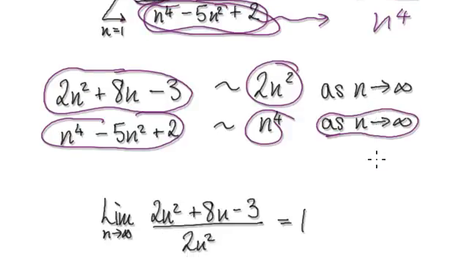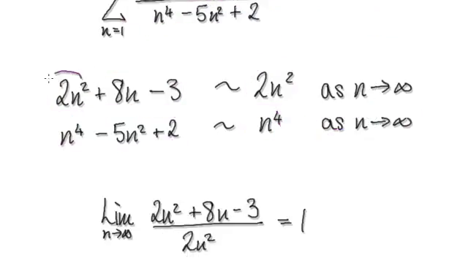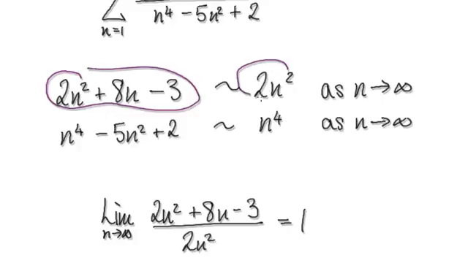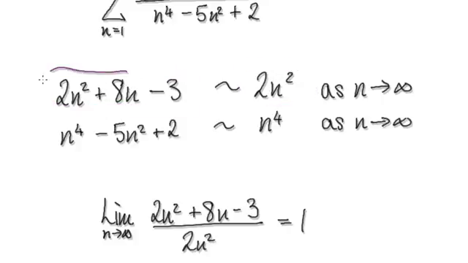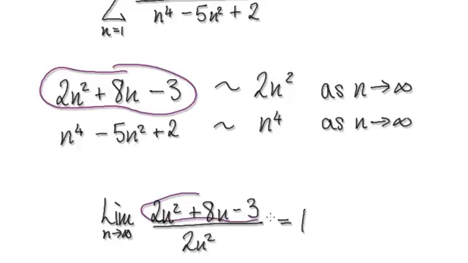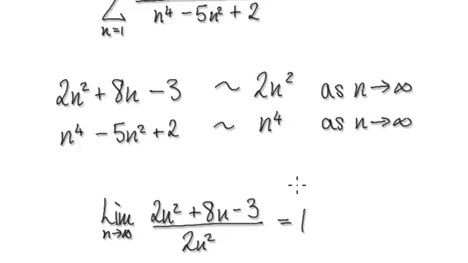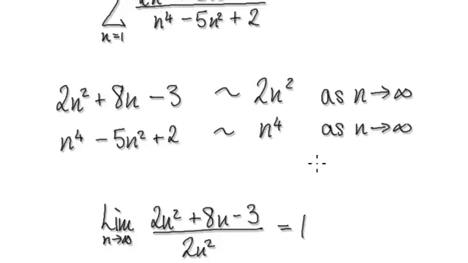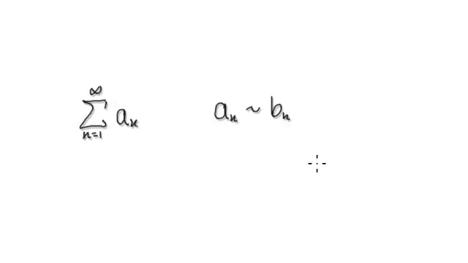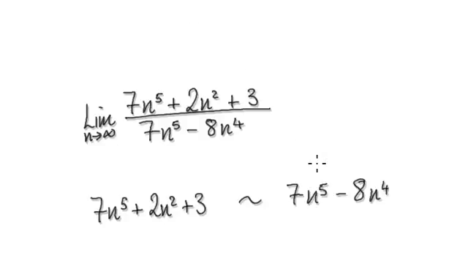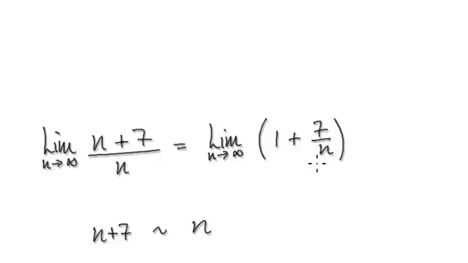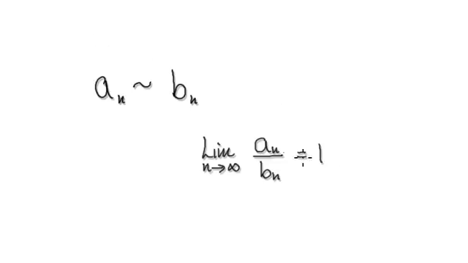So why is this similar to this? Well, if you get this and then divide by this, it does equal 1. Remember, the definition of similar is when one thing divided by another thing equals 1 as n tends to infinity.